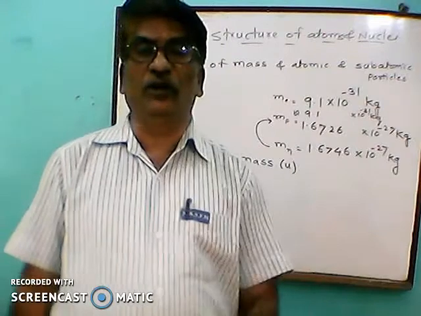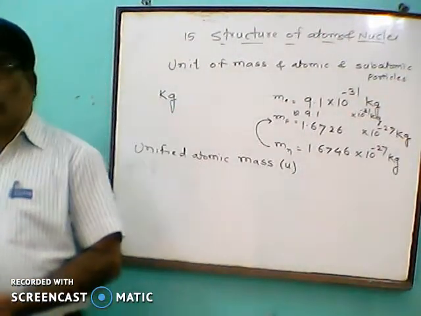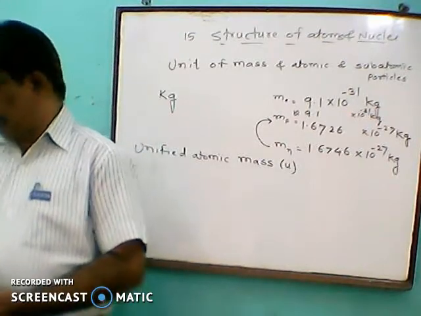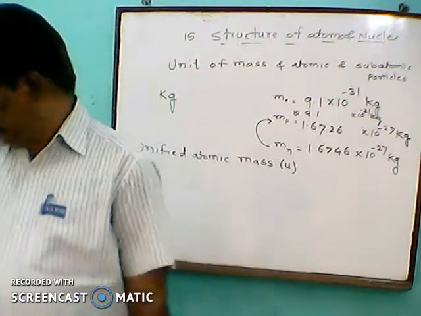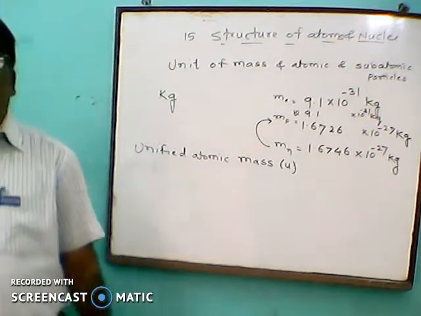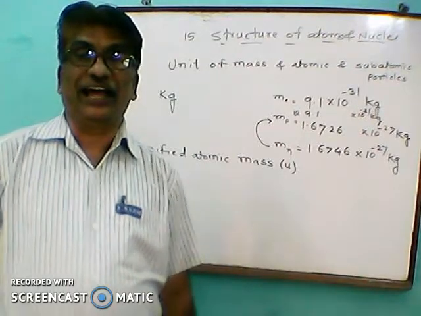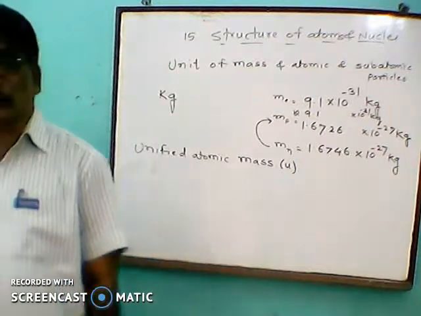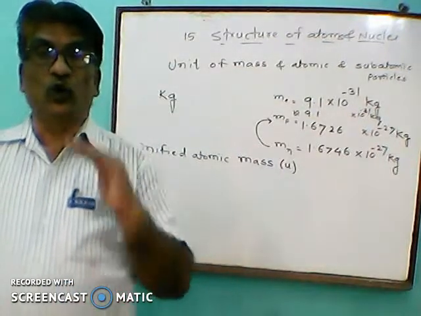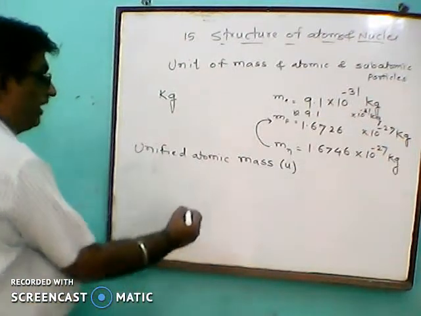So first of all, we know that 1/12 of the mass of neutral carbon, having atomic number 12, in its lowest state, is 1 unit.